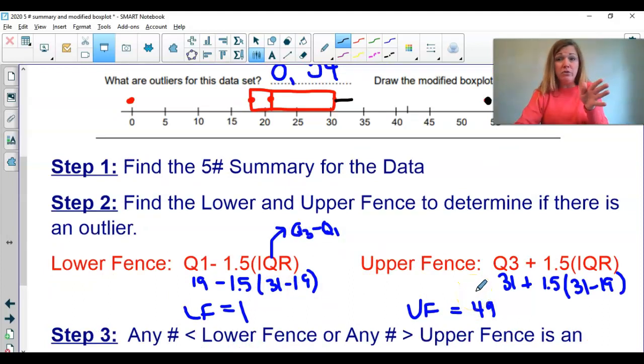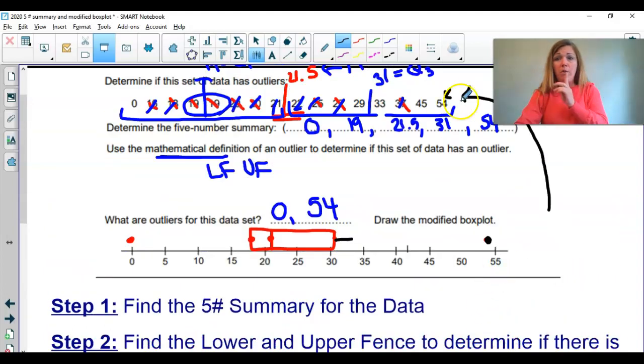That's not what you do. The whisker needs to go out to the next biggest number in your data set. This whisker needs to go out to the next biggest, not 54 because it's an outlier, but 45 because that's the next biggest number. So I'll put a dot there and draw my whisker out to 45.